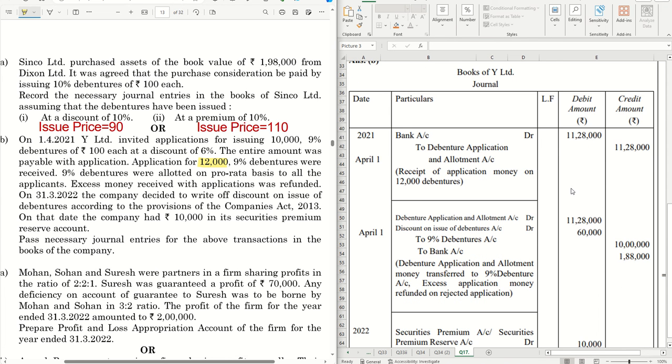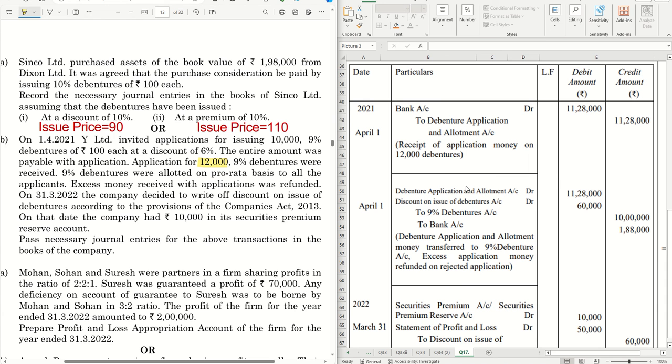Okay, let's move on to the second journal. Now here we are allotting the debentures, and any excess application money will be refunded. So the company is issuing 10,000 debentures only. 2,000 debentures are in excess, which will be refunded. So 2,000 into 94, that is 1,88,000, which is being refunded here. 10,000 debentures, the face value is 10 lakhs at the rate 9%.